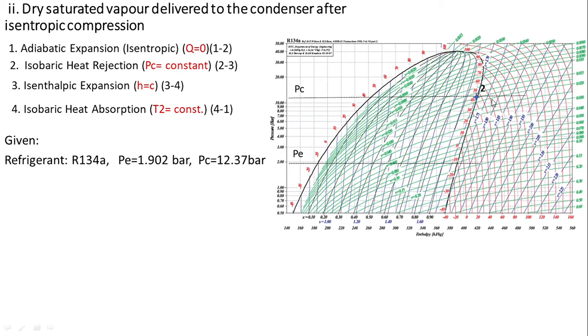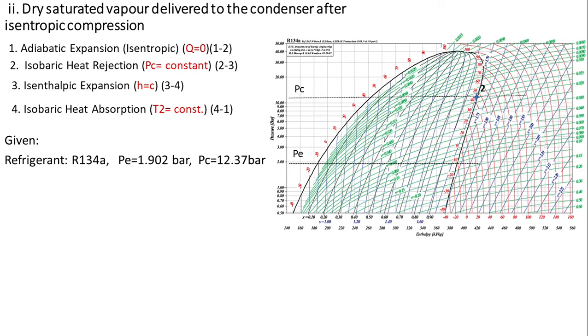Now see, I have marked point 2, and the first process is an isentropic process, or reversible adiabatic process. Isentropic process means the entropy remains constant. So you have to see the constant entropy line which is passing through point 2.